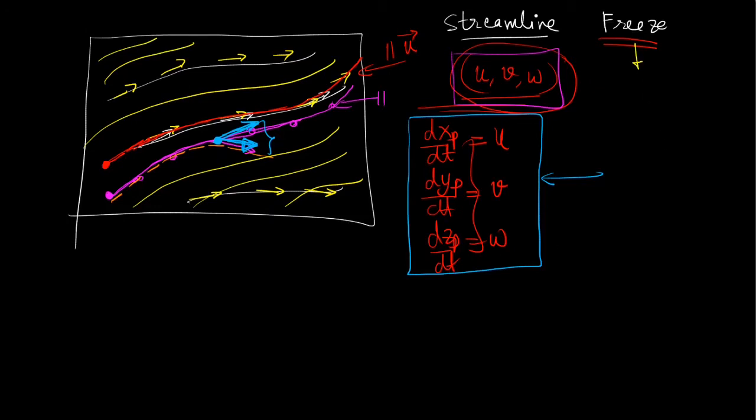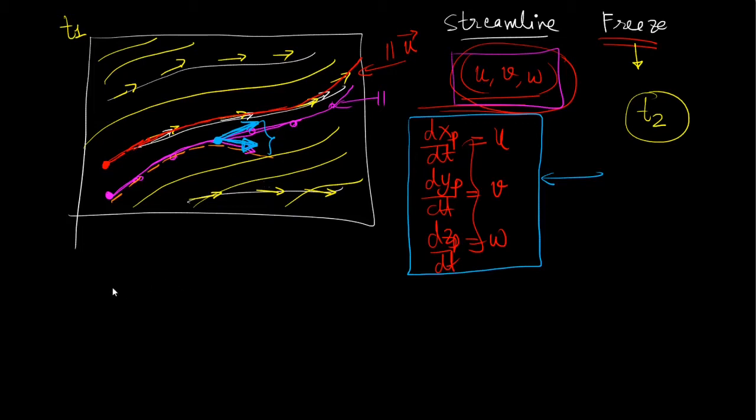Then you unfreeze it and go to the next time instant. Suppose you have drawn this for the first time, t1. Then you unfreeze, go to the next time, freeze it again and again do the particle trajectory. You will get a new set of streamlines for the next time instant and so on.